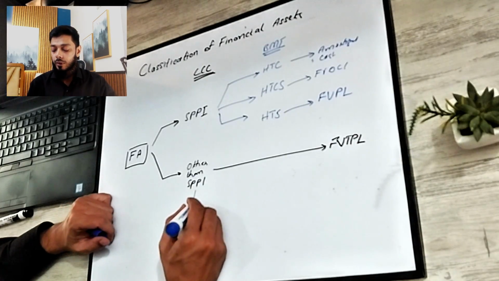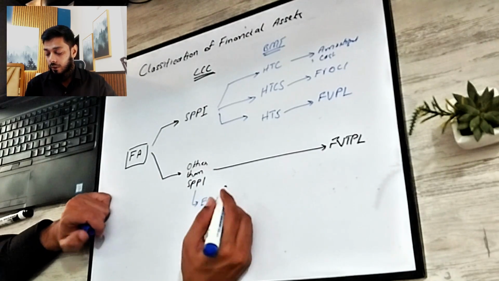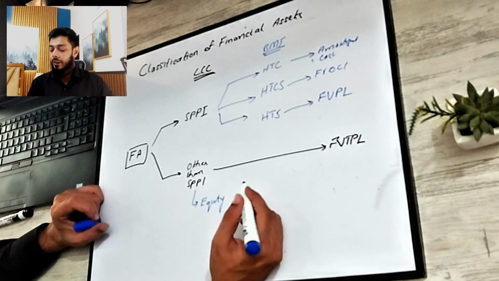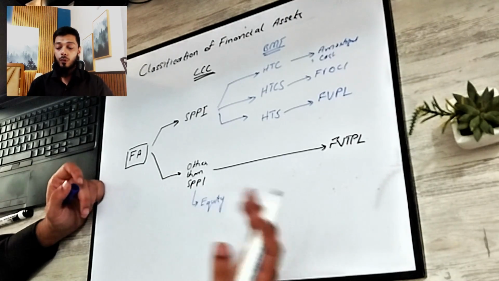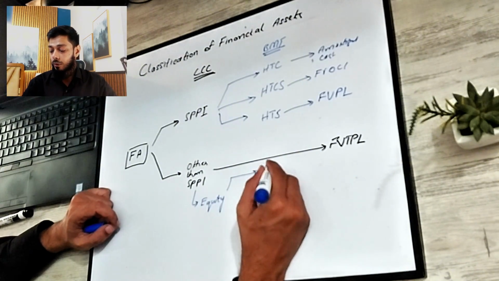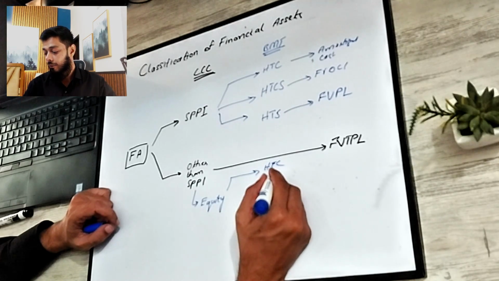Now, if a financial asset is other than SPPI, which means it includes equity instruments, right? The ordinary shares of companies. Now, within equity instruments, there can be different purposes of holding them, which means there could be a reason to hold them, like held to collect or held to collect and sell.